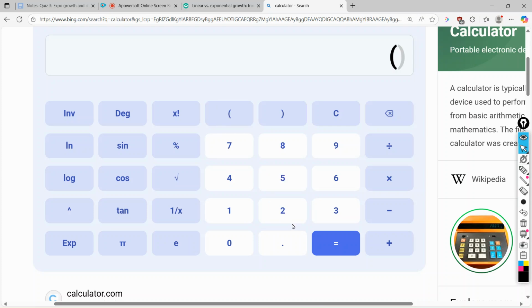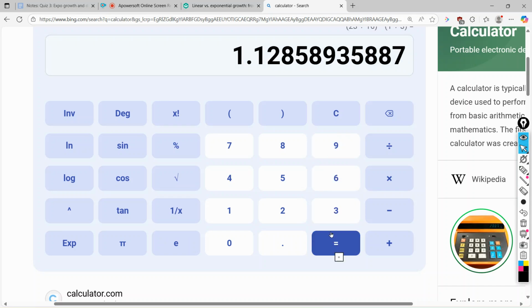All right, so that would be 23 divided by 16. Use parentheses, 23 over 16 to the power of 1/3, or 1 divided by 3. Close parentheses, 23 over 16 to the power of 1/3, and hit equals. And you would round that off.